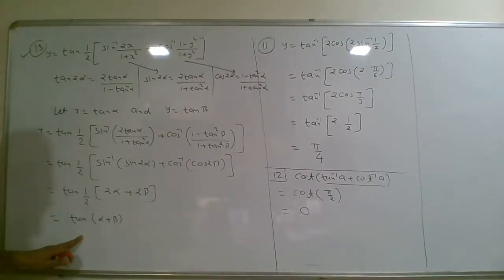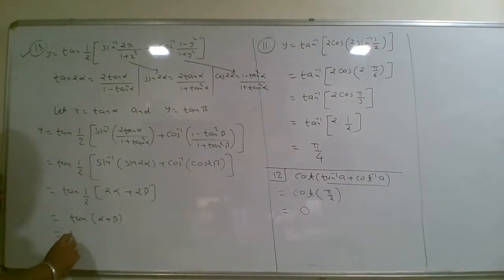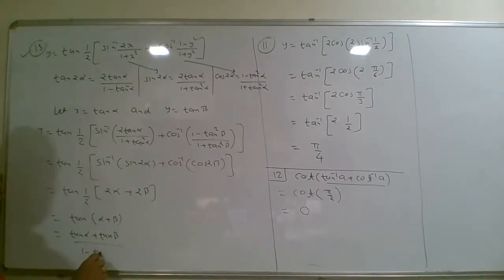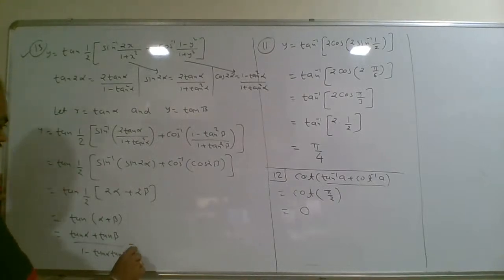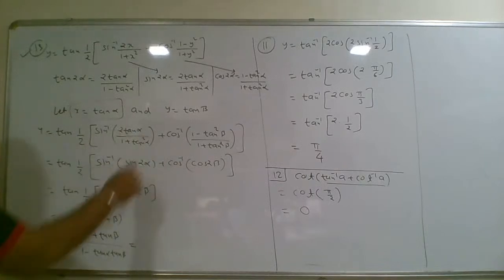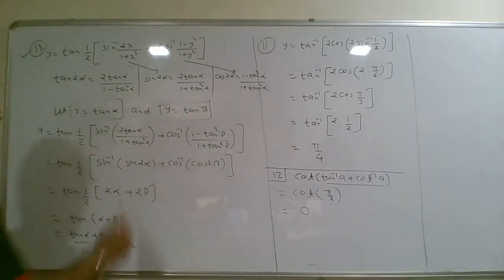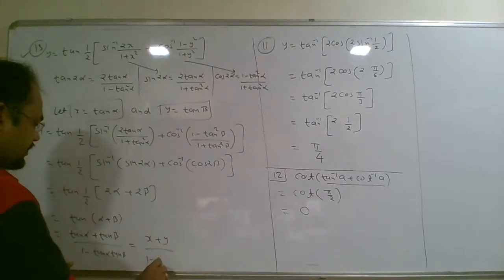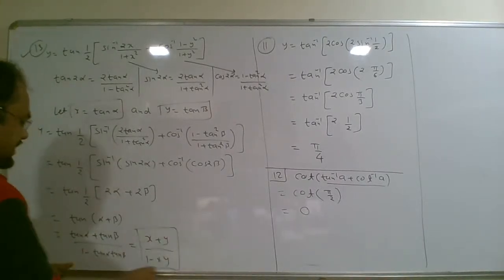And tan of alpha plus beta is the formula tan alpha plus tan beta upon 1 minus tan alpha tan beta. But tan alpha equal to what? X. Tan beta equal to what? Y. So the final answer is x plus y upon 1 minus xy.